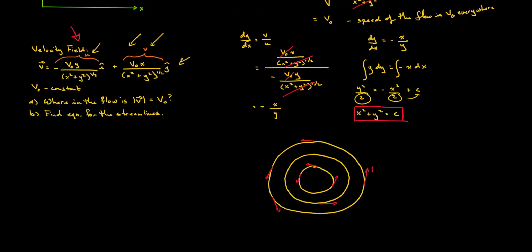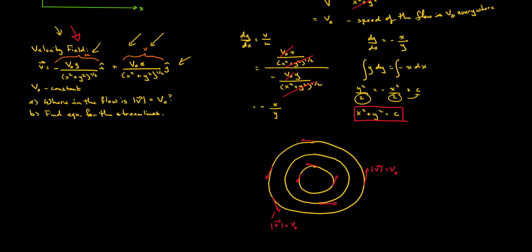Okay, where the magnitude of the velocity vector is equal to v naught everywhere. So over here as well, the magnitude is equal to v naught. So this velocity field over here, described by this seemingly complex vector equation, is in fact a fairly simple flow where the streamlines define concentric circles where the speed is v naught throughout.